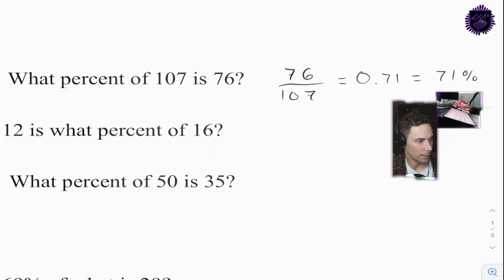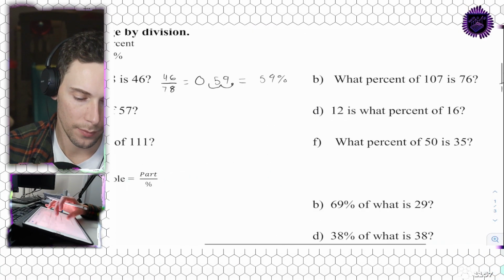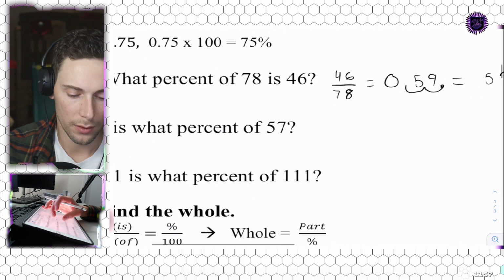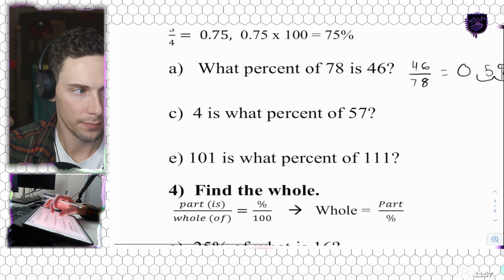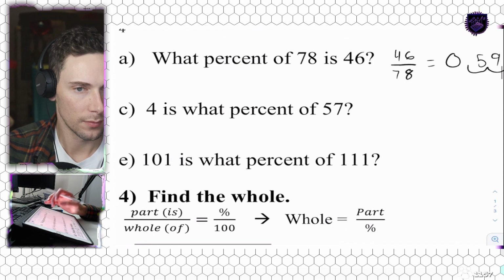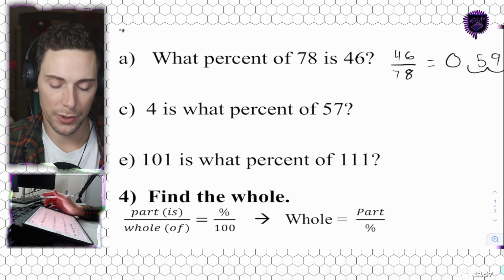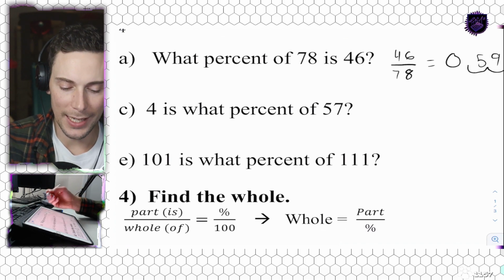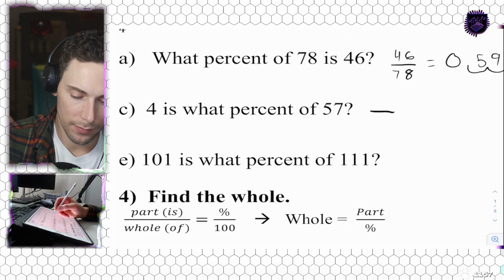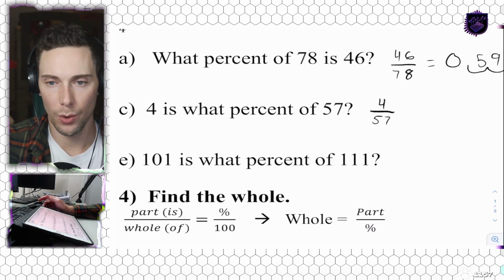Now for C: 4 is what percent of 57? 4 is the part. 57 is the whole.